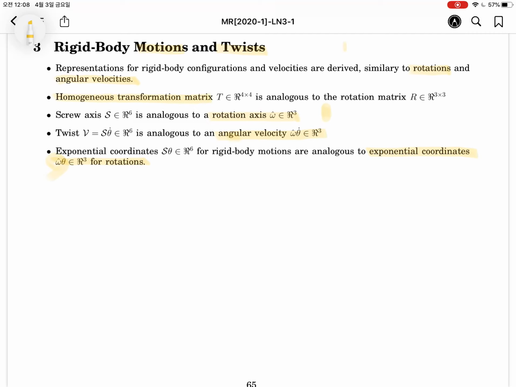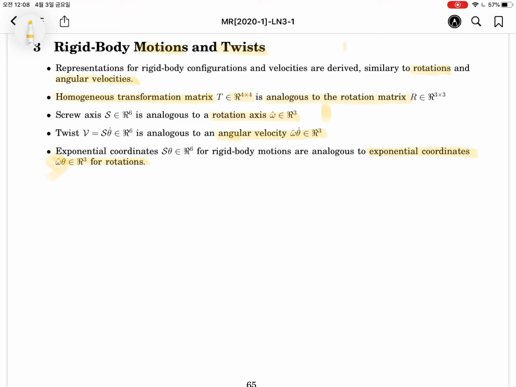This is a matrix composed of 4 times 4 elements, analogous to the rotation matrix. The way to describe the rigid body motion is to use 6 elements, but we will use the 4x4, 16-element matrix.